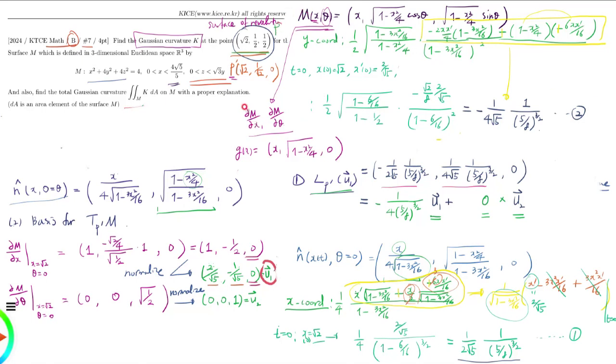By virtue of the surface of revolution, those two partial derivatives are orthogonal to each other. So that makes it easy to find an orthonormal basis of the tangent plane on this generating curve g of x. Okay, and then all the geometry information is contained on this generating curve.